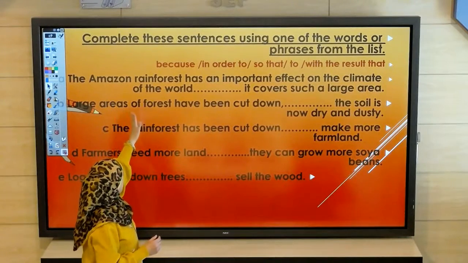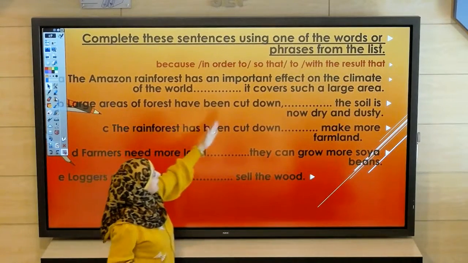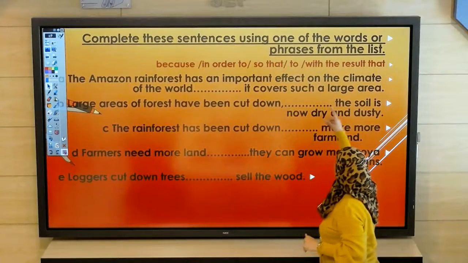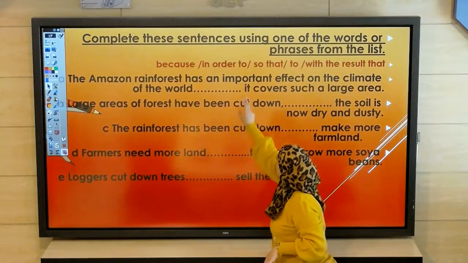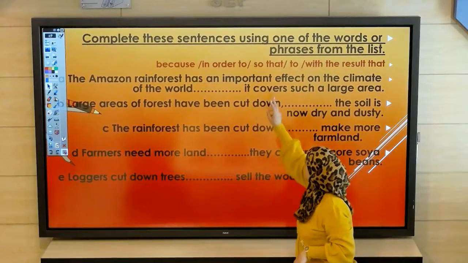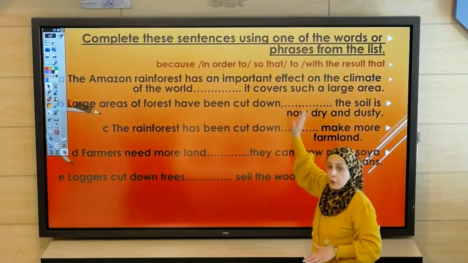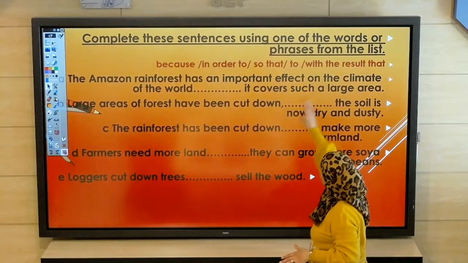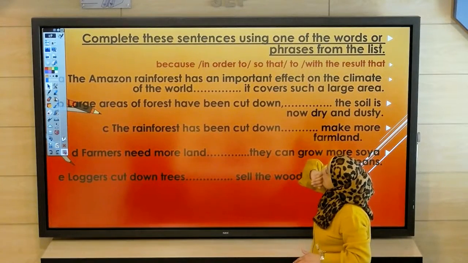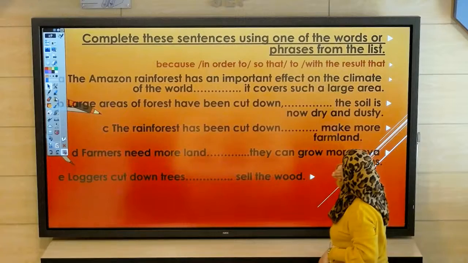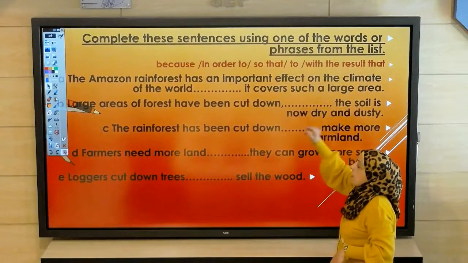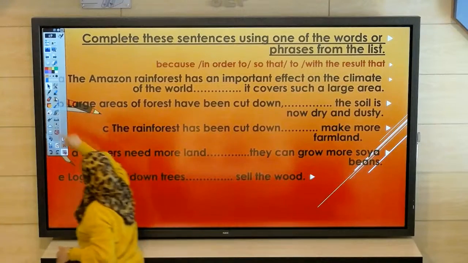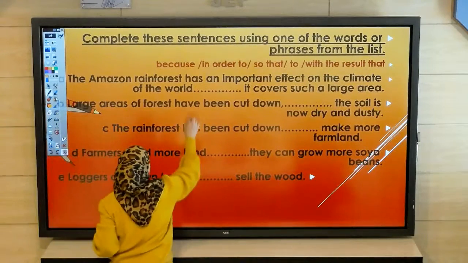Notice, after the gap here we have it, subject, covers. So here we have a clause. So we don't need in order to or to. What is the most suitable word here? Because. Let's write it. Okay, because.